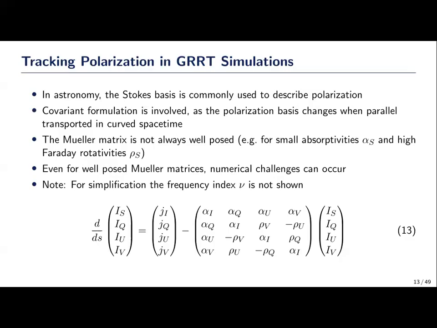Okay, and now for all of these four Stokes parameters, this equation here is the non-covariant way to track the influence of the absorptivities on the intensity in Stokes Q, U, and V. And we introduce additional parameters, that is the Faraday rotation.